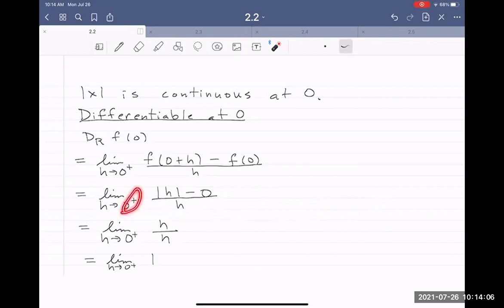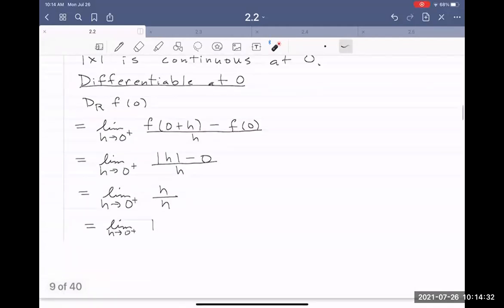If h is greater than 0, then the absolute value of h is just h. So this is equal to the right-sided limit as h approaches 0 of h over h. Well, h divided by h is just 1. So this is equal to the right-sided limit as h approaches 0 of 1, which is just equal to 1.